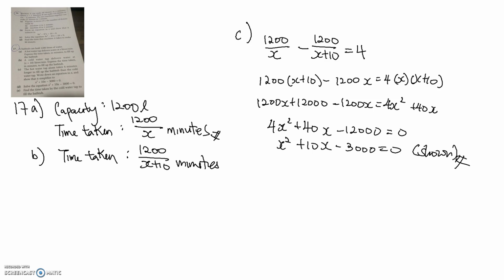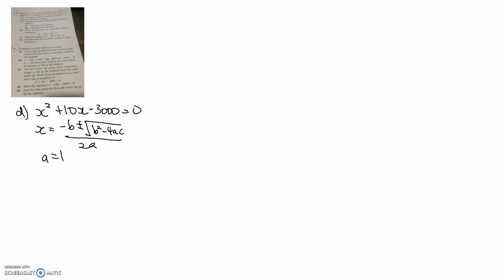The next question, solve the equation. This is pretty much the same as question 16. Sorry, x squared plus 10x minus 3,000 equals to 0. x equals to minus b plus or minus the square root of b squared minus 4ac, over 2a. a equals to 1, b equals to 10, and c equals to 3,000.